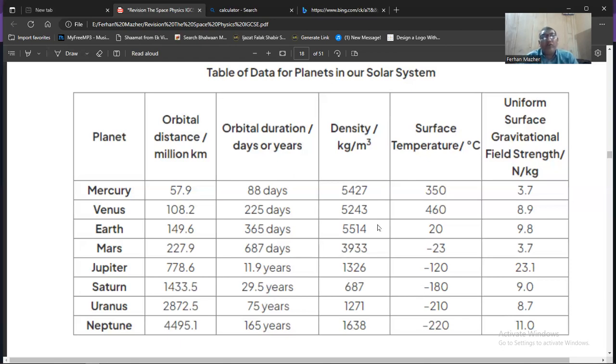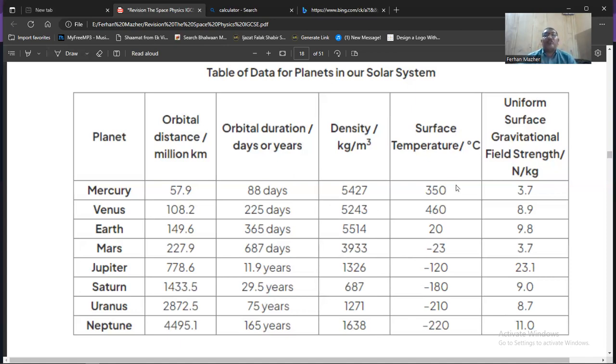On Mars, it is 3,933. On Jupiter, it is 1,326. On Saturn, it is 687. On Uranus, it is 1,271. On Neptune, it is 1,638.